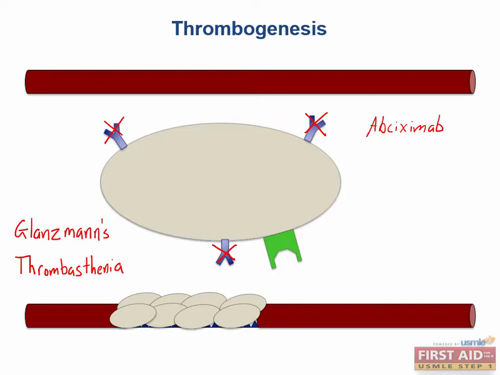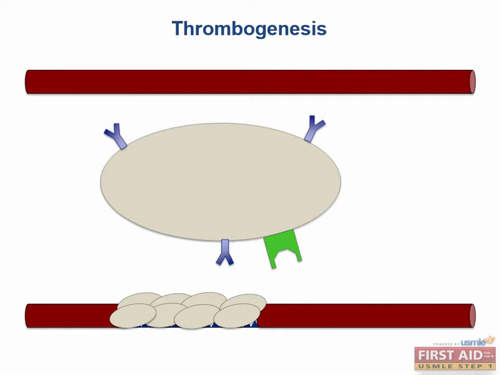Here again is another great analogy question, and I would say that test writers find abciximab and Glanzmann's more testable than our previous analogy. Similar drugs to abciximab that are not antibodies are eptifibatide and tirofiban. Both of these inhibit GP2B3A directly.